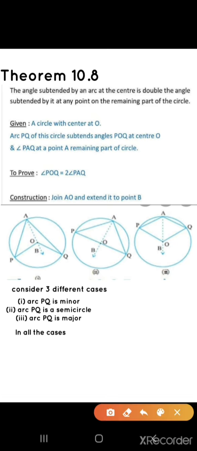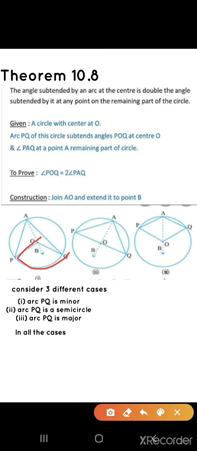Now theorem number 10.8. The statement is like this. The angle subtended by an arc at the center is double the angle subtended by it at any point on the remaining part of the circle. What are the things given here? A circle with center O is given.